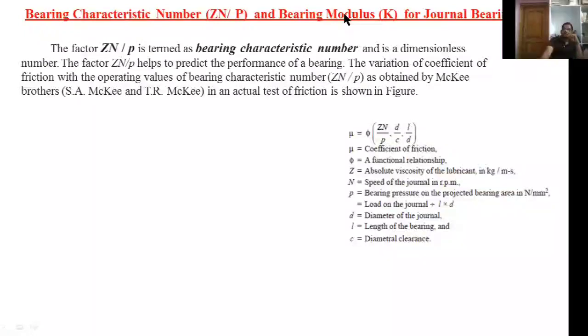The variation of coefficient of friction with the operating values of bearing characteristic number ZN by P, as obtained by S.A. McKee and T.R. McKee in an actual test of friction, is shown in the figure.